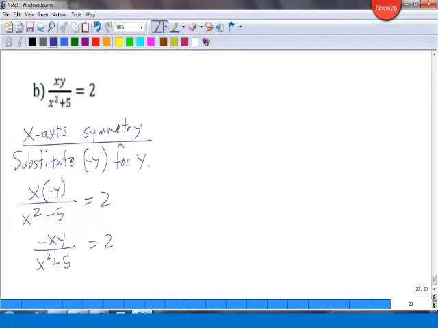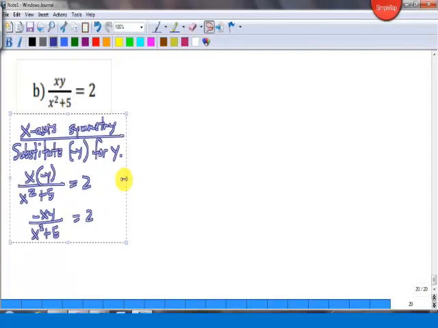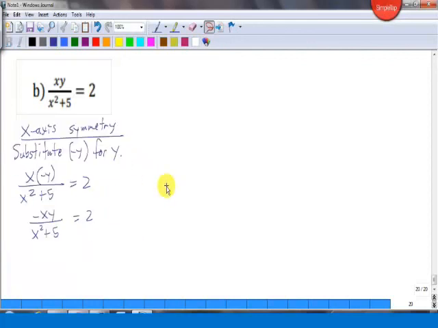Is this equation identical to the original? Not identical. Got a negative sign here, but we didn't in the original. How about if we multiply both sides by negative 1? Would that make it identical to the original? Nope.